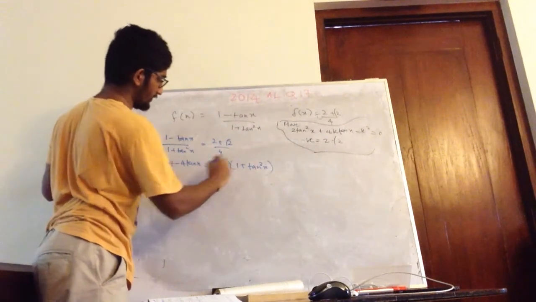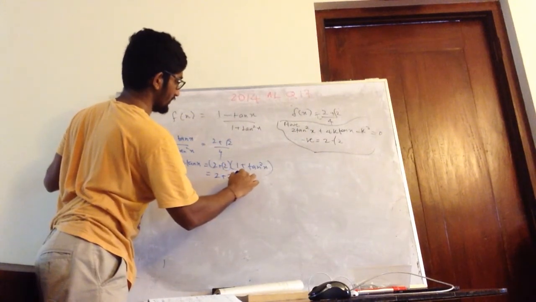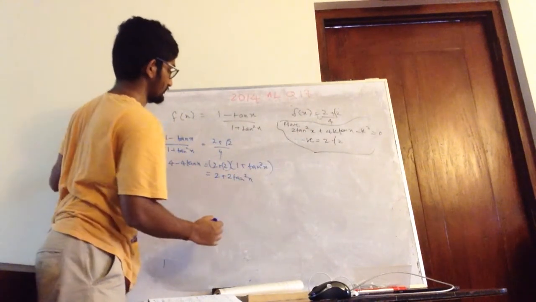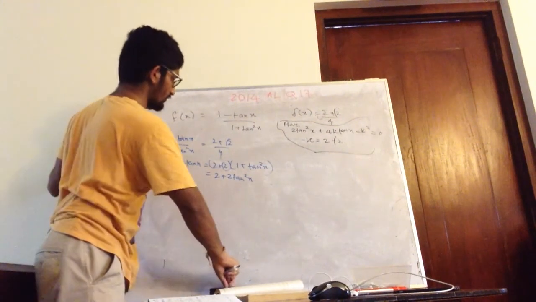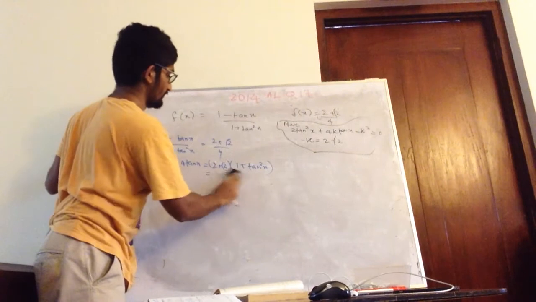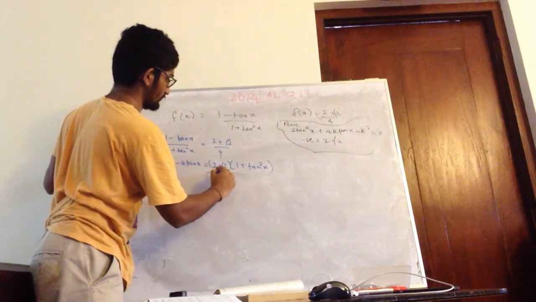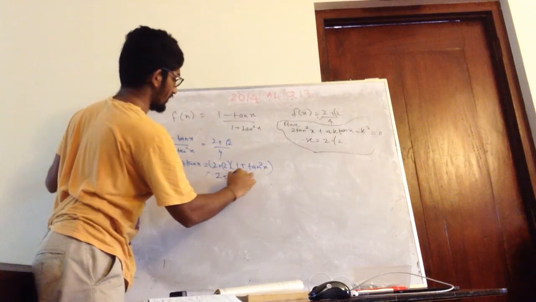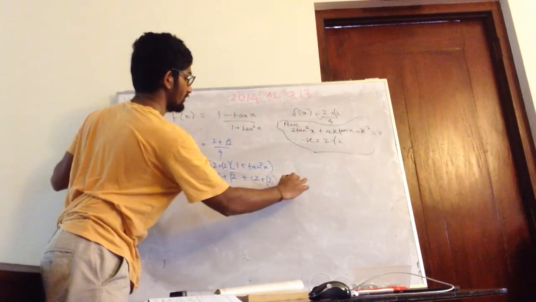So then I get here 2 + 2 tan²x, I can actually get 2 + √2 + √2 tan²x.